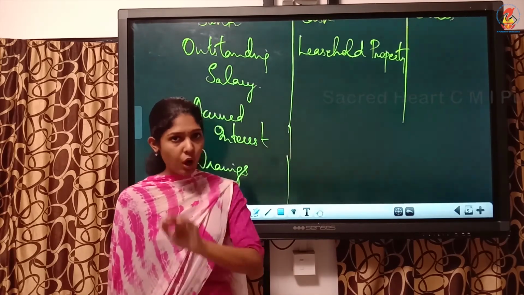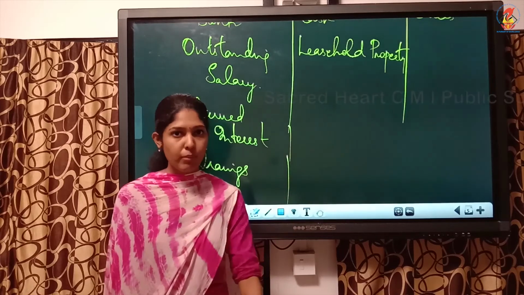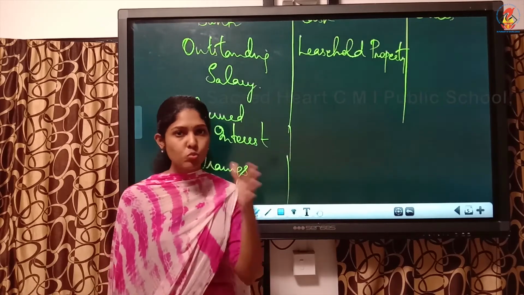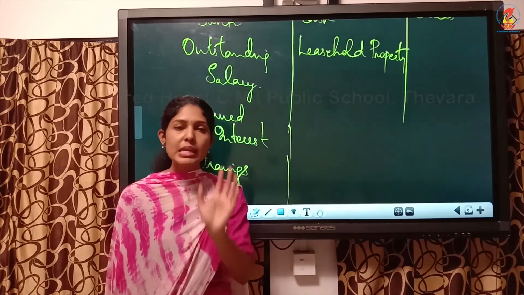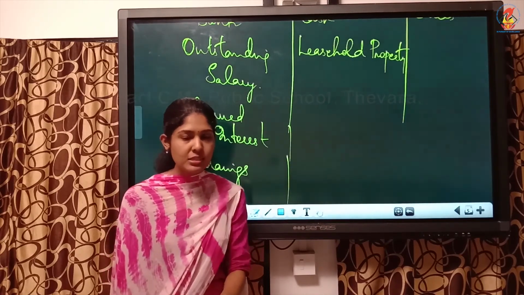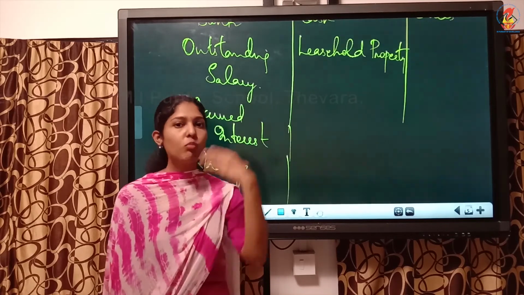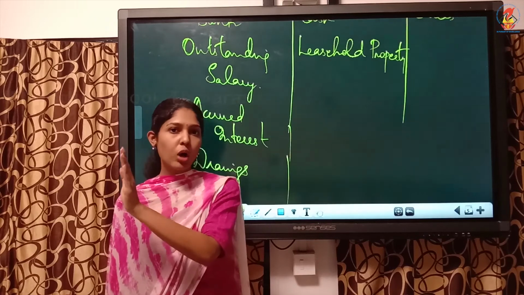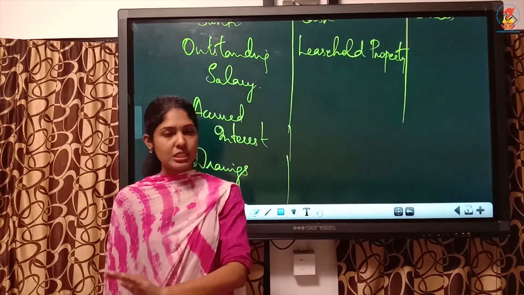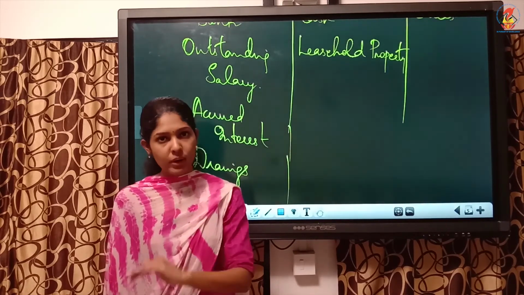The ability of your firm to pay this amount back. So all these factors will affect the amount up to which you can withdraw. So basically bank overdraft means withdrawing more than what is there in your account. That is an example of overdraft.